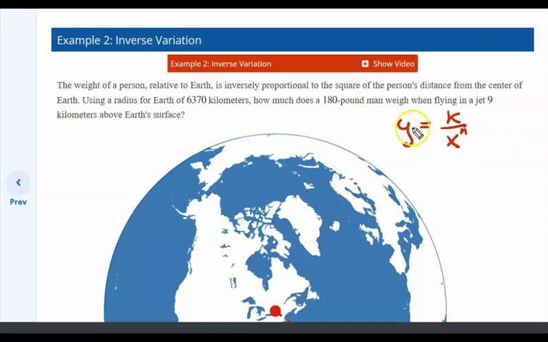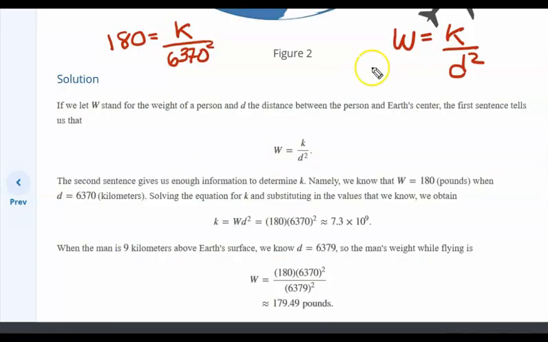All right, so y would be weight of a person. k is our constant of variation. And the x is actually distance squared. All right, let's go down to take a look at the solution.